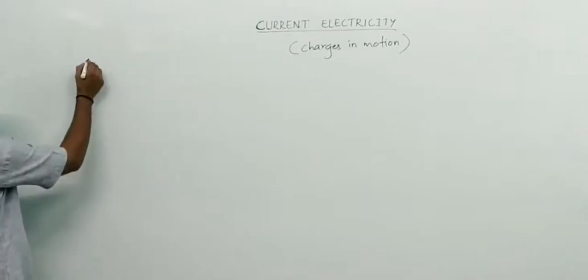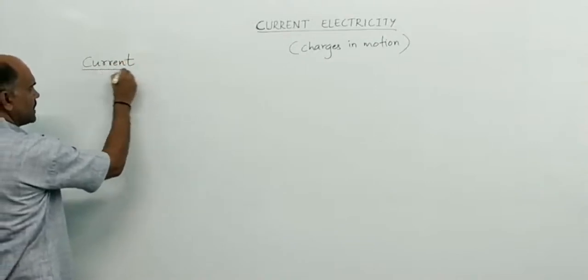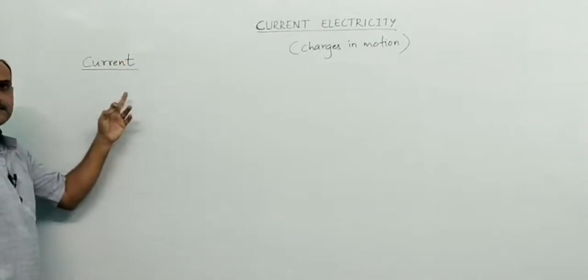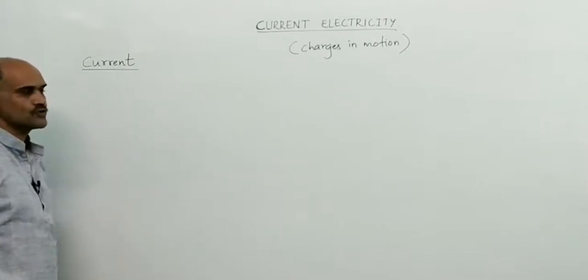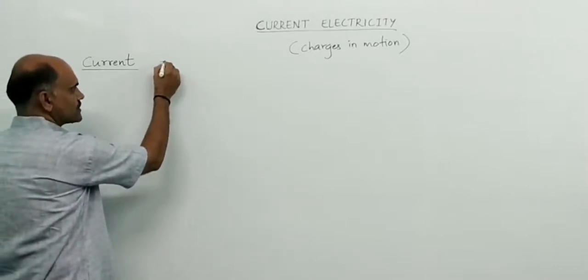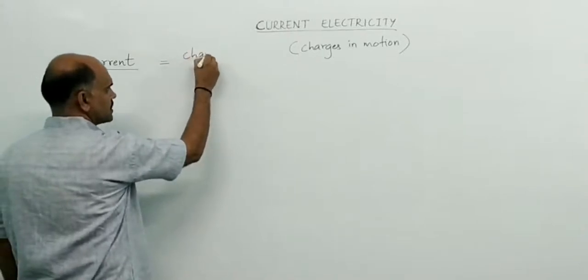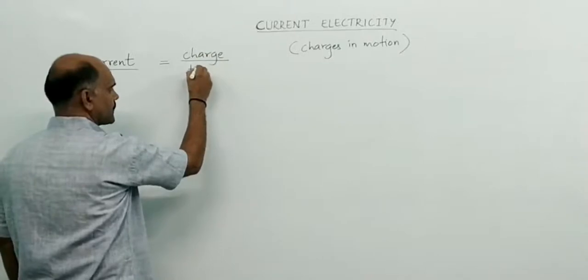First, what do you mean by current? Current is nothing but the rate of flow of charges through a conductor, or you can say charge divided by time.